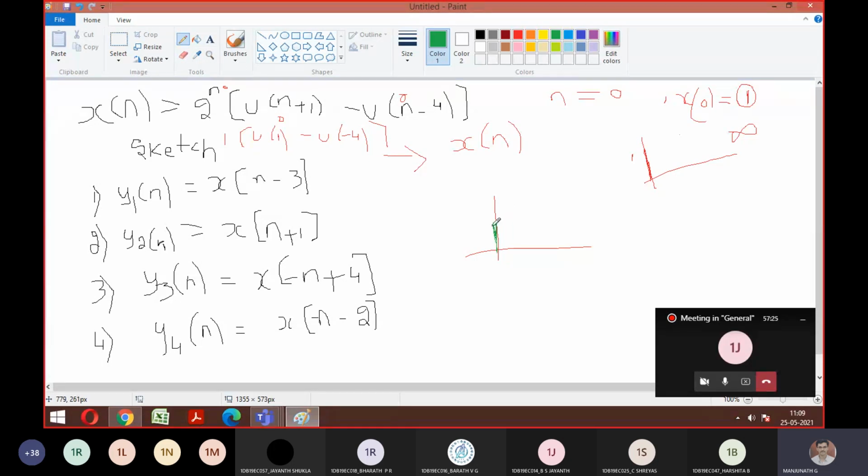Check for negative values also, because I should check whether the signal exists or not. Check for n is equal to -1.